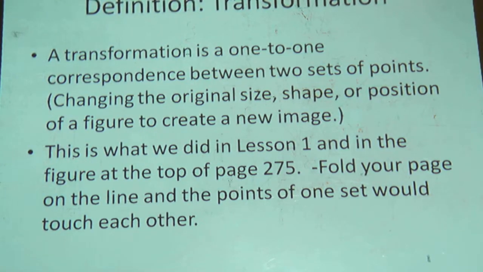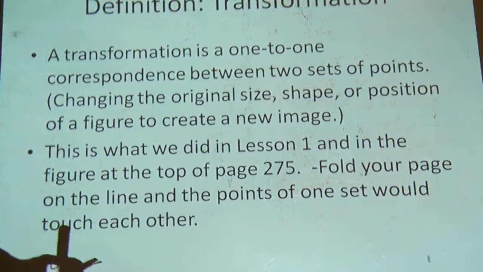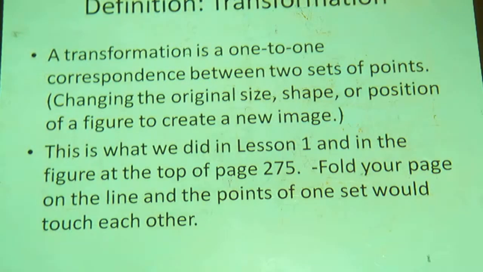First, we're going to go to transformation. Chapter 8 is all on transformations, and there are different kinds of transformations. A transformation is a one-to-one correspondence between two sets of points, changing the original size, shape, or position of a figure to create a new image.